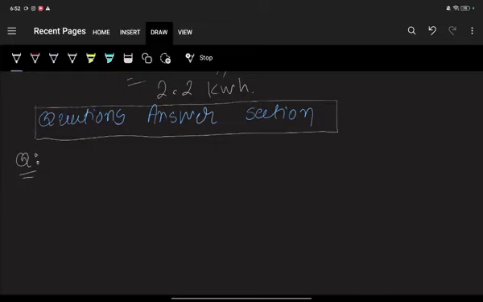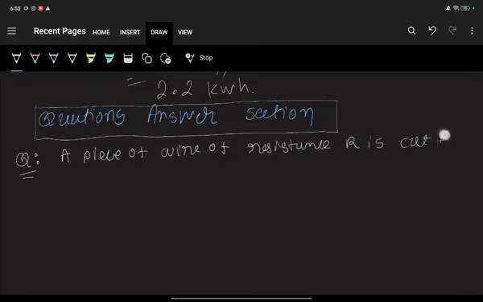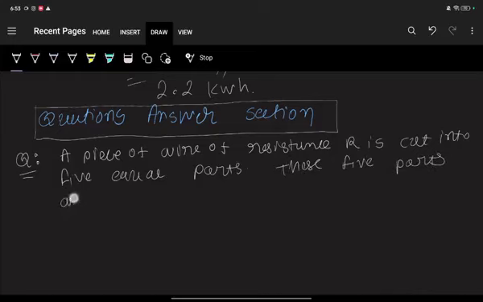Yes, sir. The first question is: a piece of wire of resistance R is cut into five equal parts. These five parts are then connected in parallel.